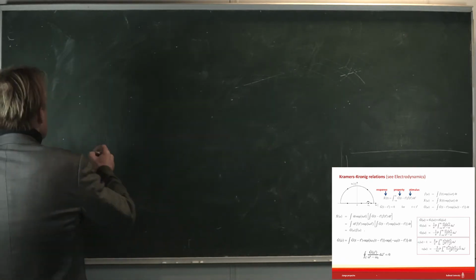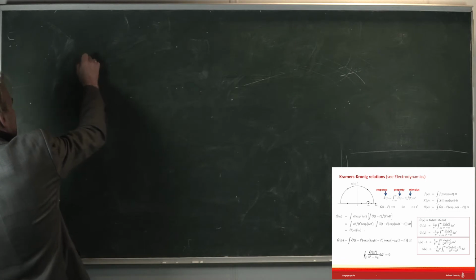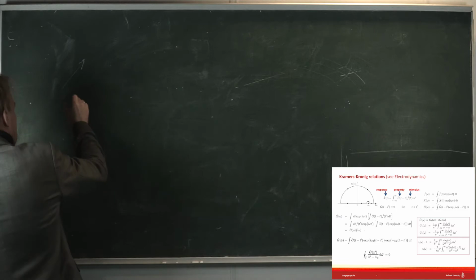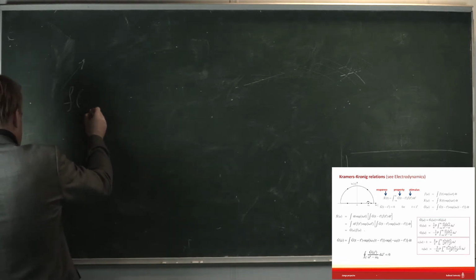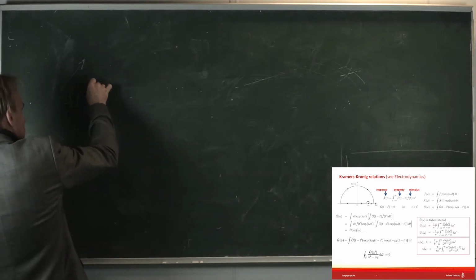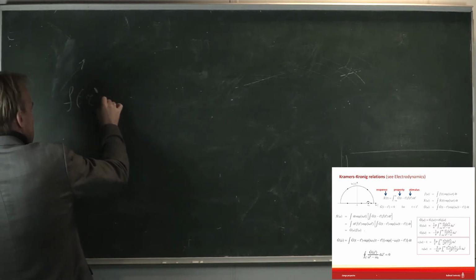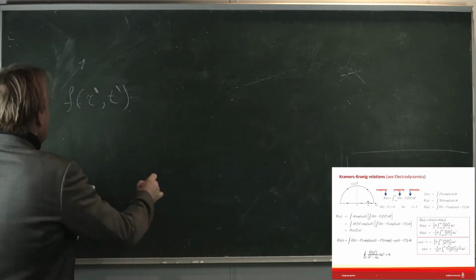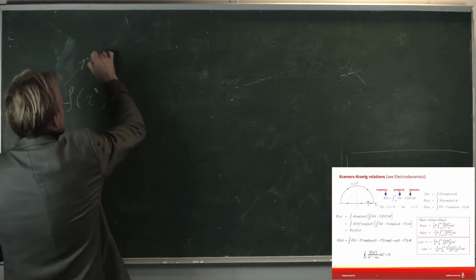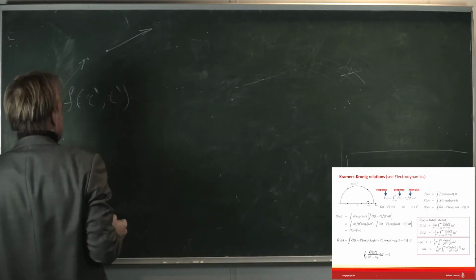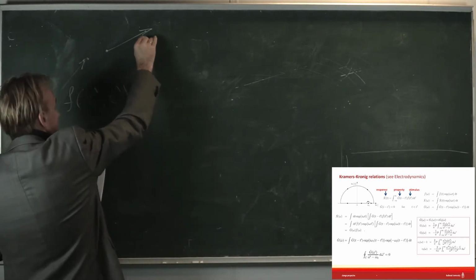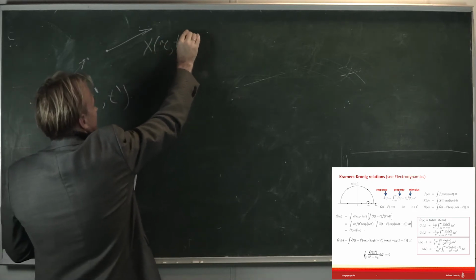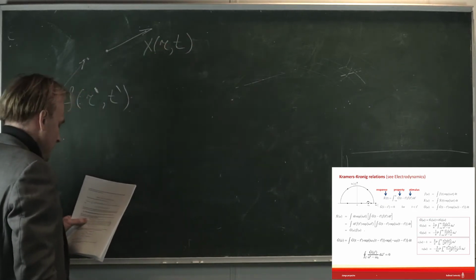The derivation starts with stating that we have a certain force F acting in the space point r prime and a time point t prime, and this force causes some response of the medium at the space points r and time point t.